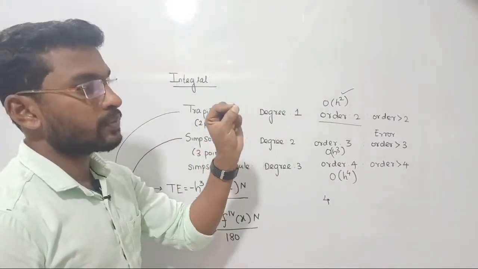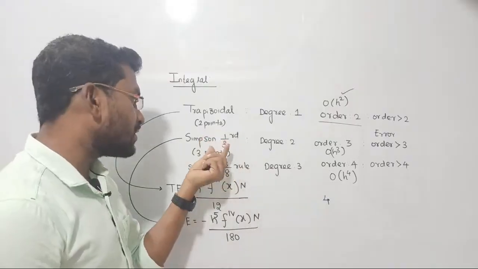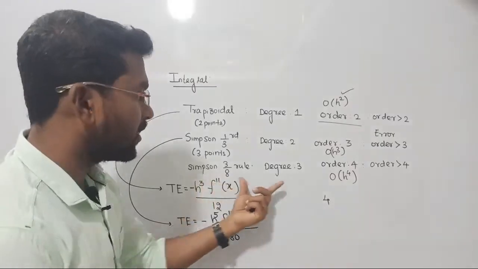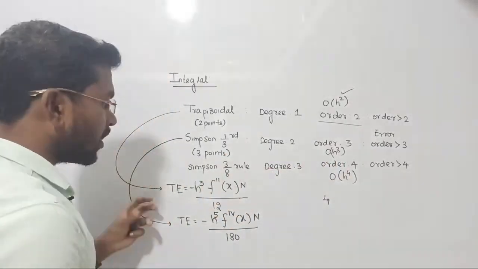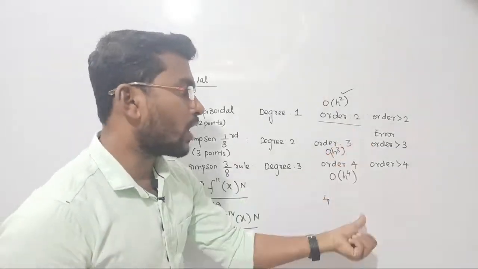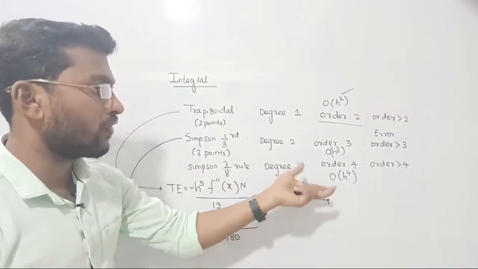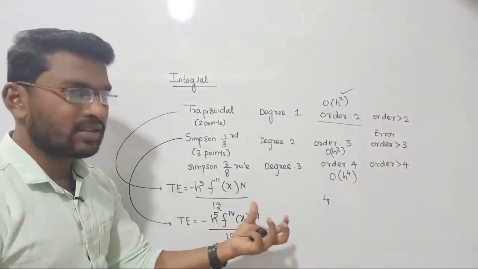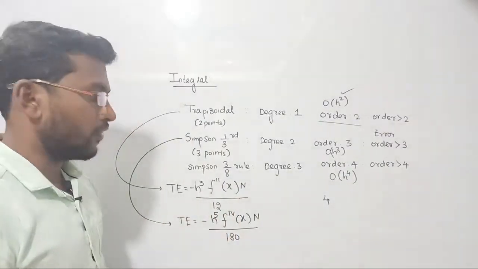But if it is specified in your exam, find the accurate result in Simpson 1/3, then degree 2 order 3; Simpson 3/8 degree 3 order 4. But generally for Simpson, I am taking 3 points and I am defining these things for a common order. So I am just raising the order, that is the step size, up to 5, above 4, in the sense we are taking minimum 5. And with this, because in order to get the accurate error, that's why I am raising the value up to 5. That's fine.